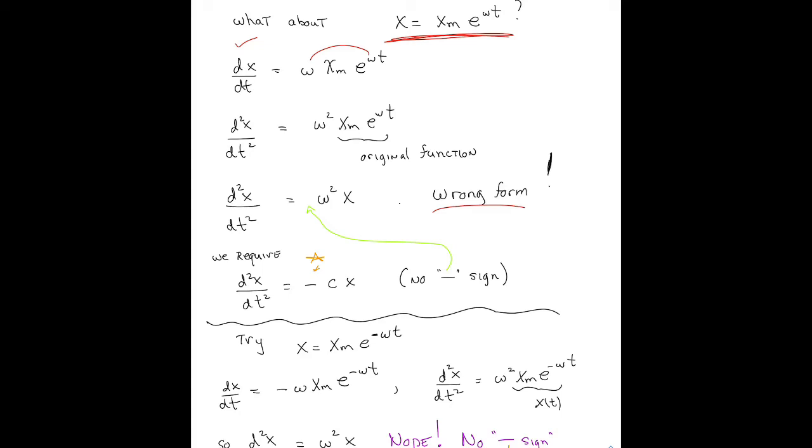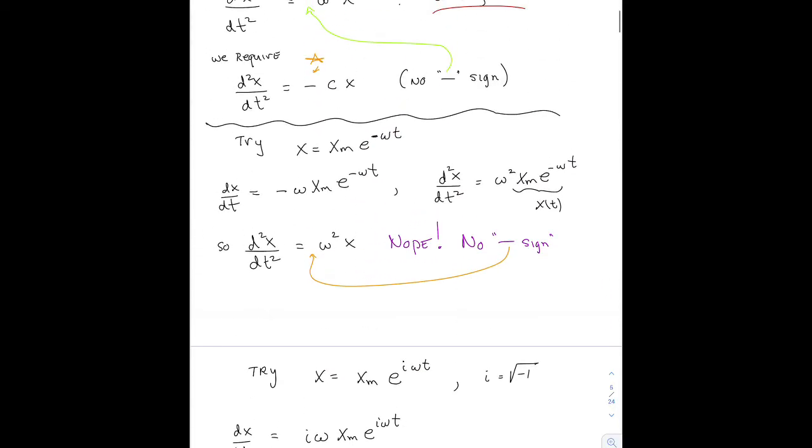Now, what if instead of e to the omega t, we try a minus sign? I take one derivative, I get a minus omega comes outside. Take a second derivative, I get another minus omega, so I get omega squared. There's my original function, x, and that doesn't work, because I took two derivatives and I didn't get minus the constant. So that doesn't work.